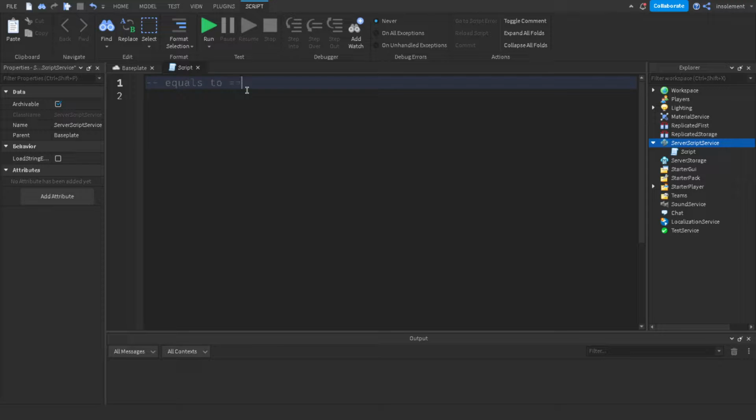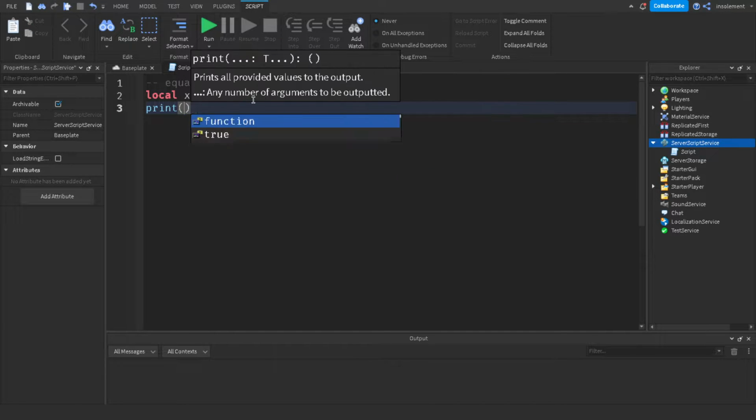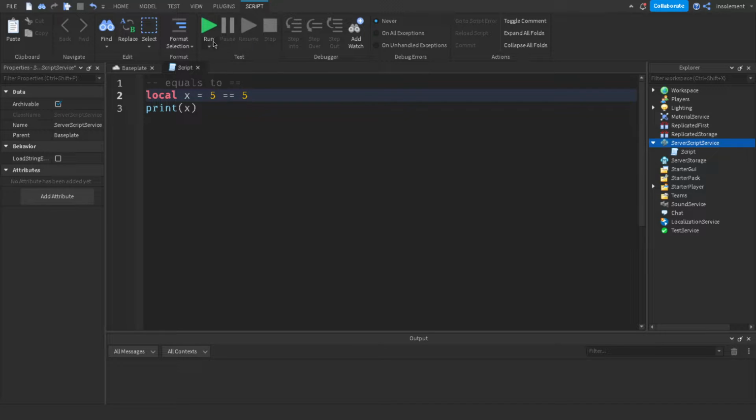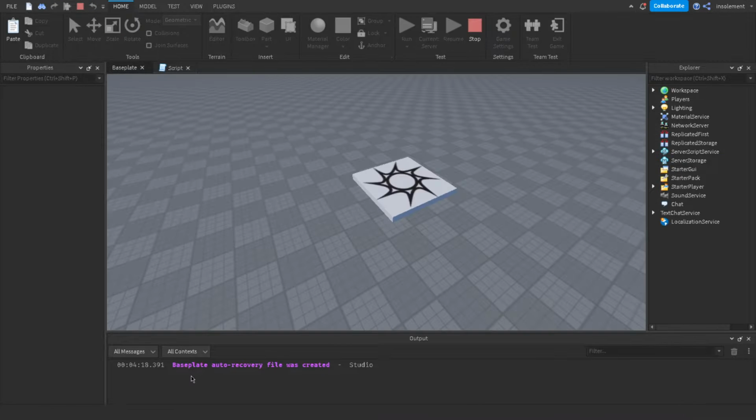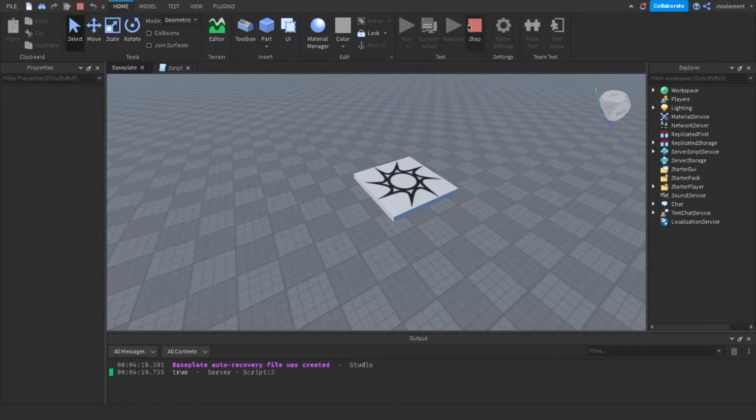One equal sign assigns a variable. So local x equals 5 equals 5. This would return to us true because 5 is equal to 5, right? If we were to change this to a 4, 5 is not equal to 4 and would return to false. So 5 return to us true, right?